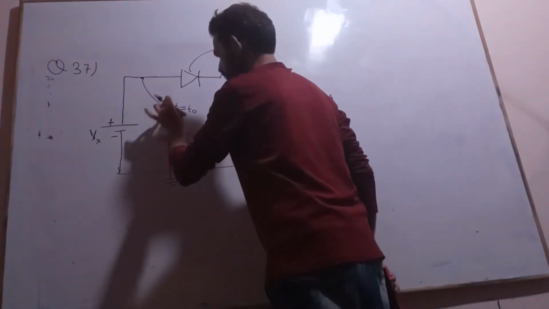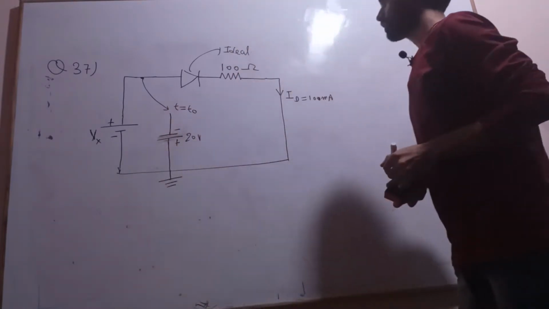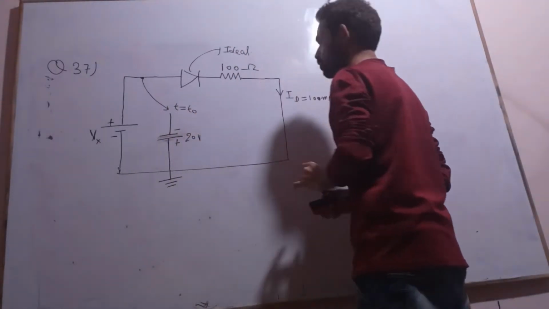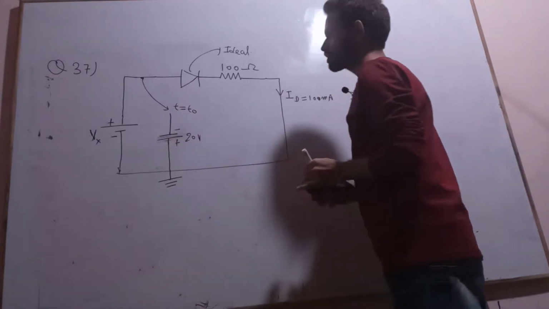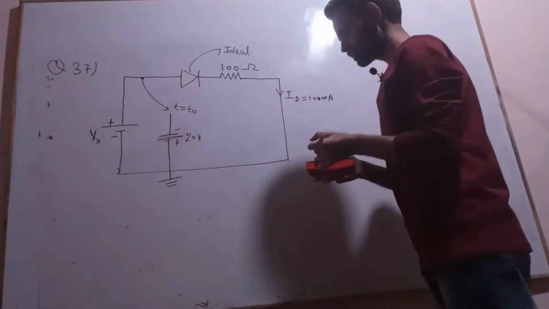So this diode has been reverse biased through this battery of minus 20 volt. Then the question is how much current will flow through the diode.